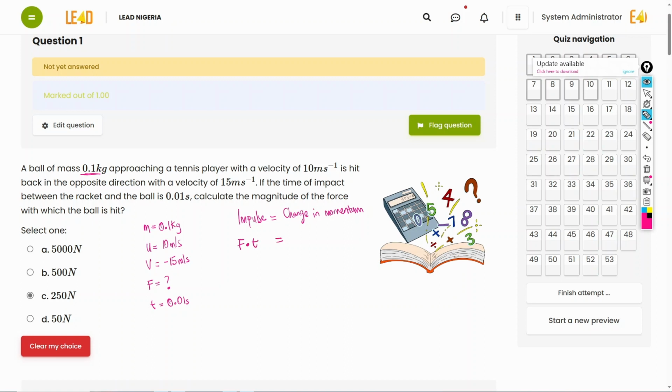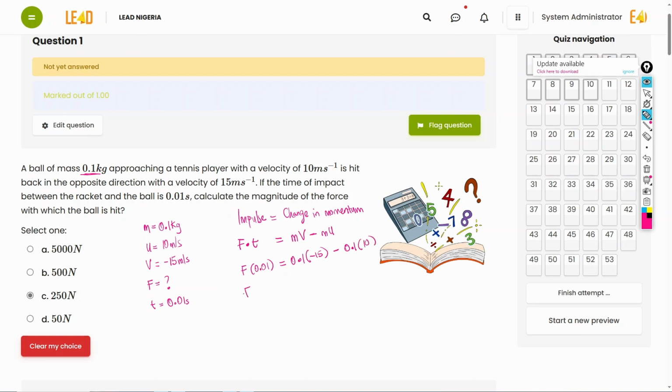Change in momentum, that's final momentum, which is mass times final velocity, minus initial momentum, which is mass times initial velocity. Right, so if we plug in, we have F times 0.01 is equal to mass 0.1 times final velocity minus 15, minus mass 0.1 times initial velocity 10.